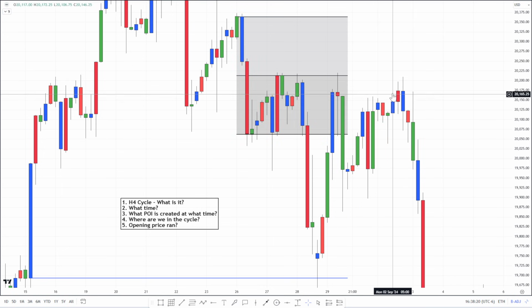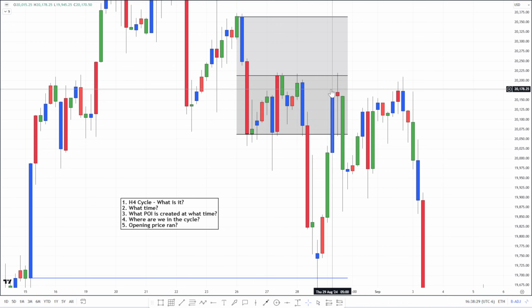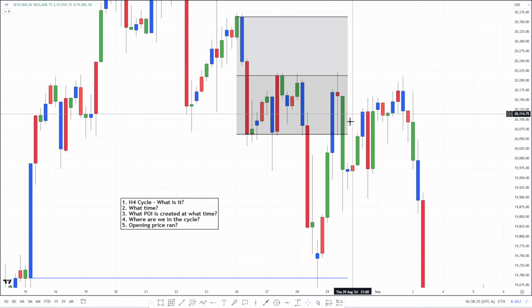And then we get more consolidation. Okay, so a high, a low, starts the formation of a short-term high. Another short-term candle body low. Look at candle bodies as well.